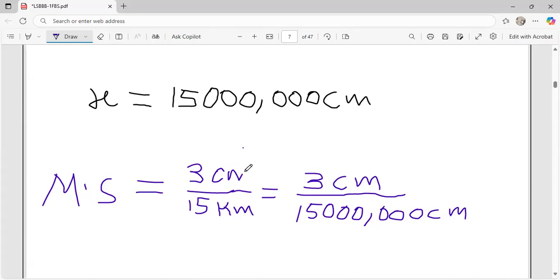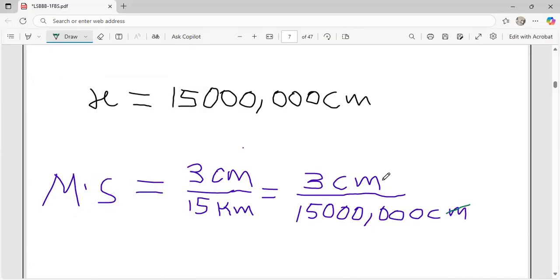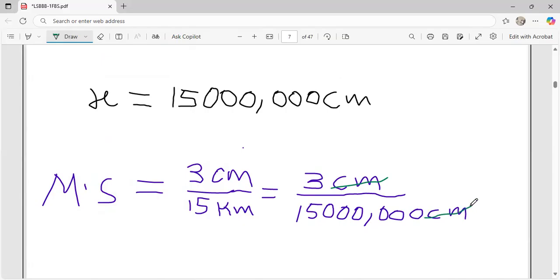So it's just a matter of letting the units cancel out. This centimeters will take care of this centimeters. Centimeters will take care of centimeters. And at the end of the day, you realize that you are going to get a perfect scale.